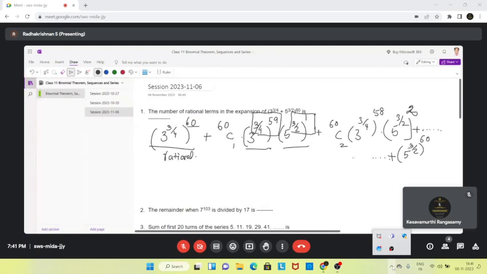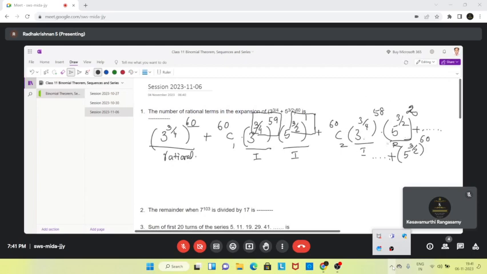So the next term, if you see, this is irrational, whereas 5 to the power of 3 by 2 whole to the power of 20 is rational. This is also not sufficient for us because there is one irrational and one rational.